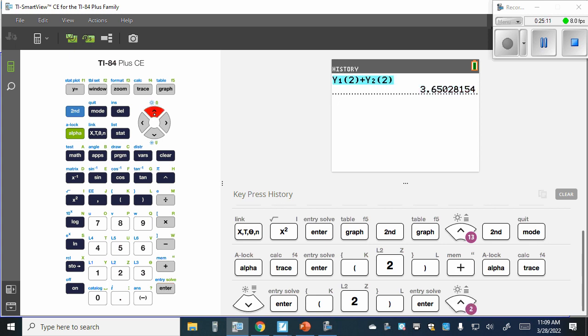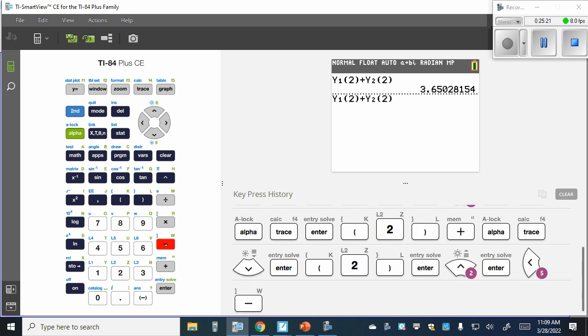Or we can come up here, highlight it, and hit enter. And cursor over to the plus and change it to minus, and hit enter. And we get that f of 2 minus g of 2 is negative 0.821854451.